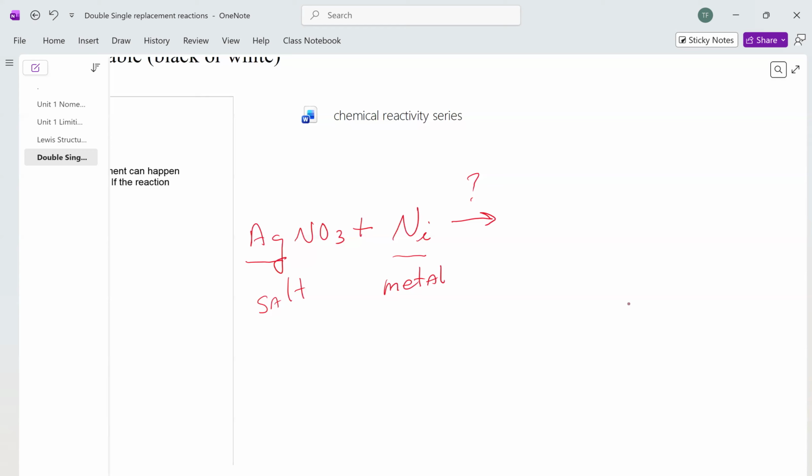Okay, so nickel now becomes the salt. In other words, they exchange places. That's where the replacement part of the name of the reaction comes into play. The two metals swap, and the nickel becomes part of the nitrate, and the original salt becomes metal.